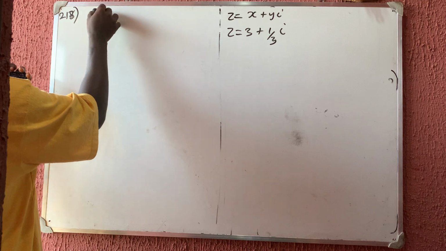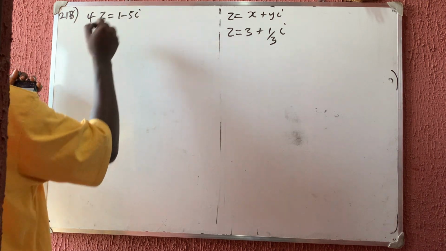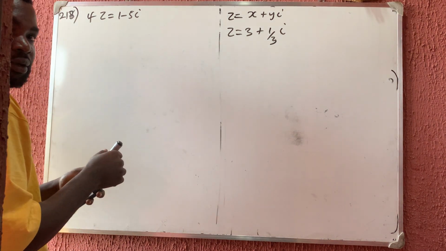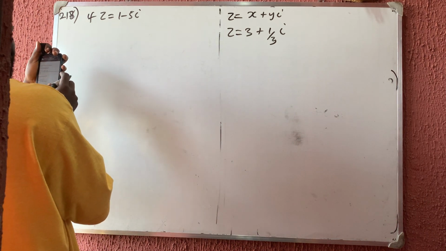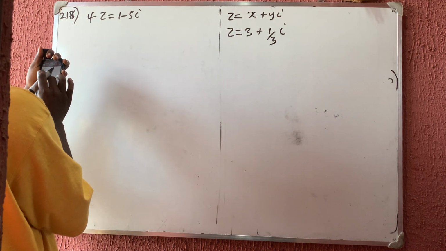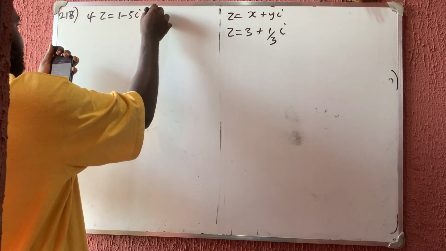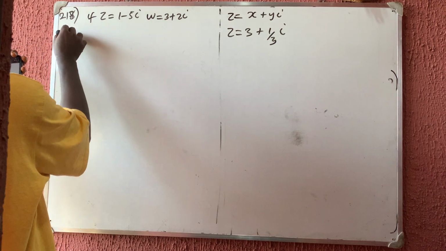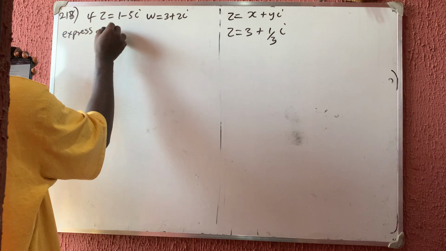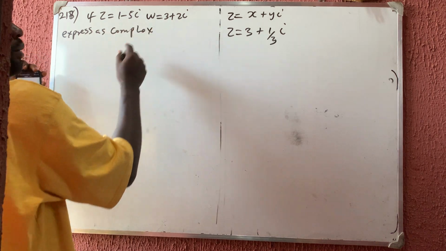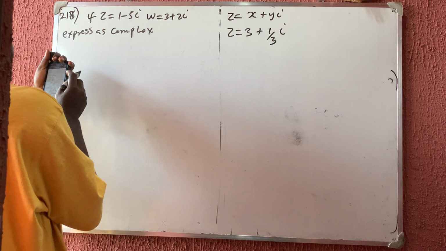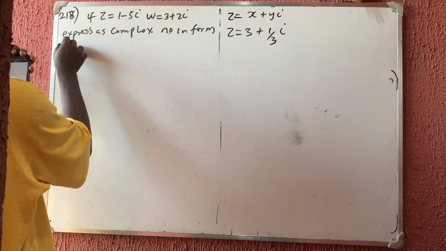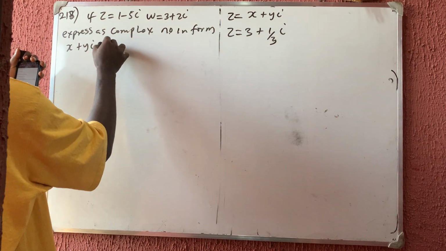Question 218 says if z is equal to 1 minus 5i, and w is equal to 3 plus 2i, then express as a complex number in the form x plus yi the following.